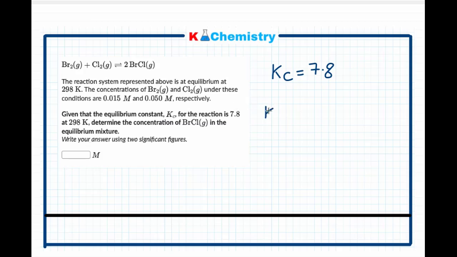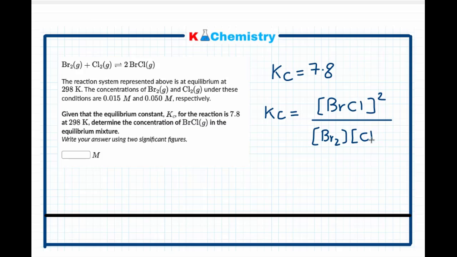So the balanced equation tells us that Kc is equal to BrCl, because this is our product, raised to the power of 2 because the coefficient is 2, and then divided by the reactants, Br2 to the power of 1 multiplied by Cl2 to the power of 1. After that, let's put the numbers into the problem and solve for BrCl.